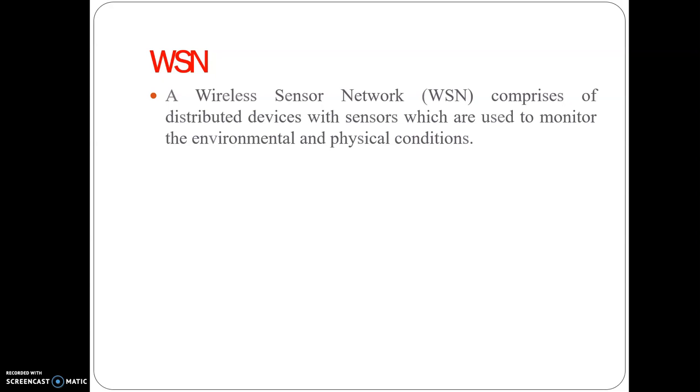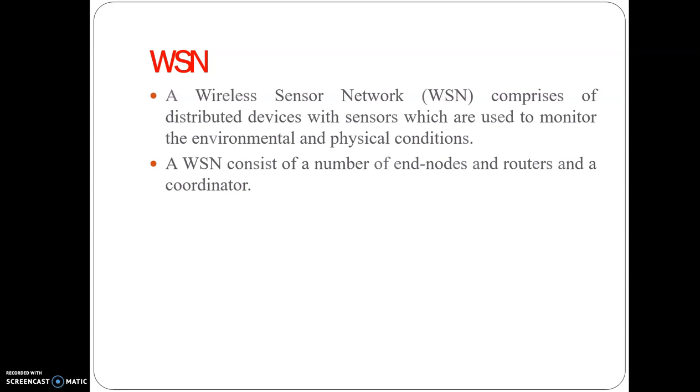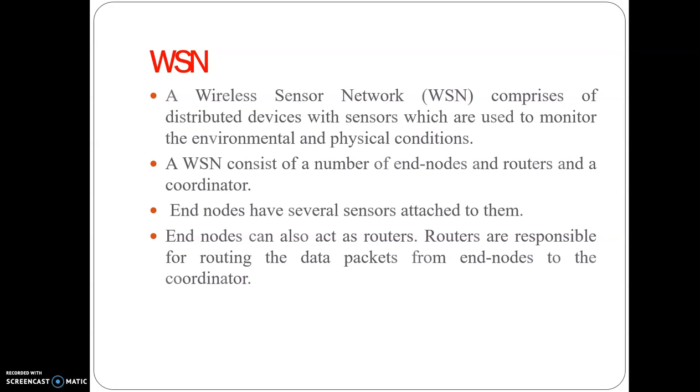In the example of IoT in agriculture, in a previous section, I have shown you a number of such nodes. End nodes have several sensors attached to them. An end node can act as a router also.